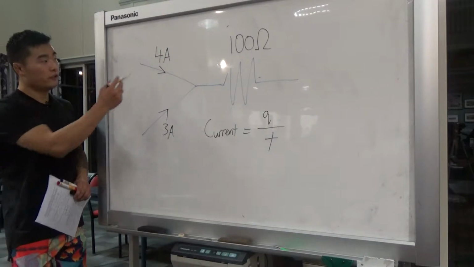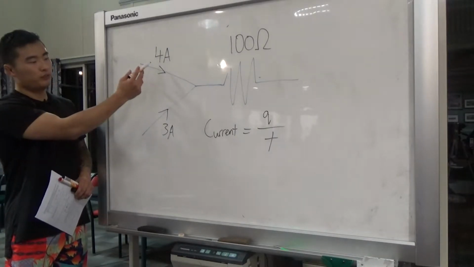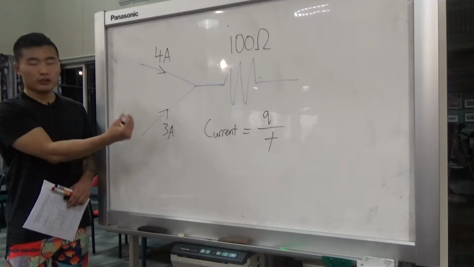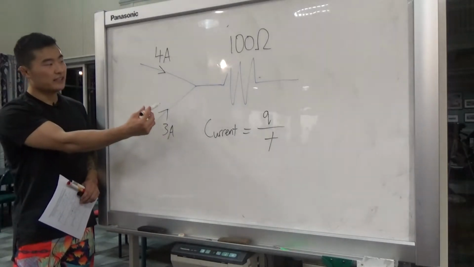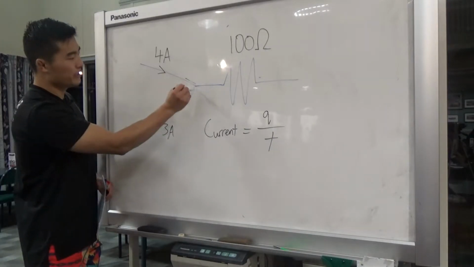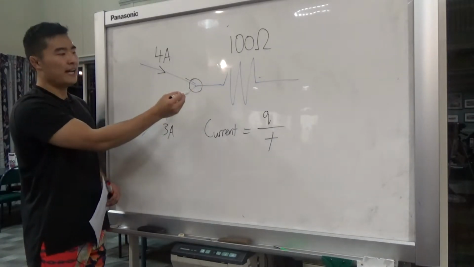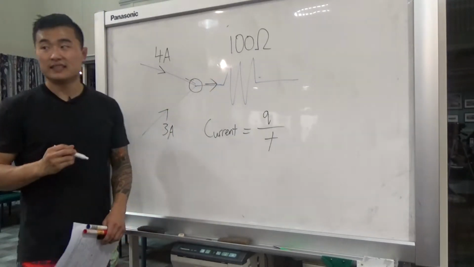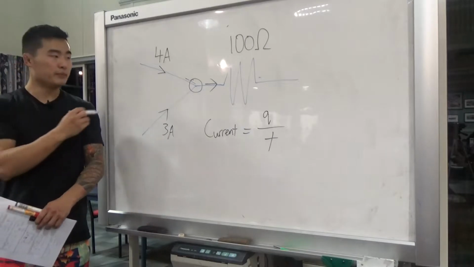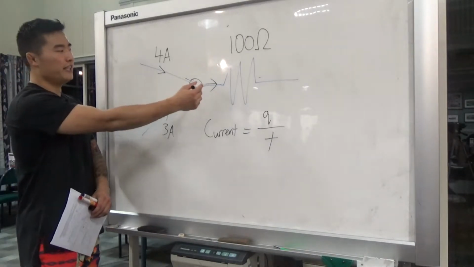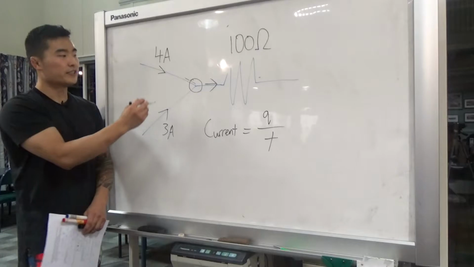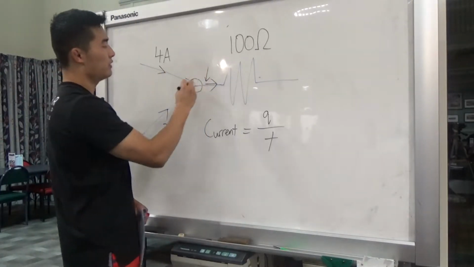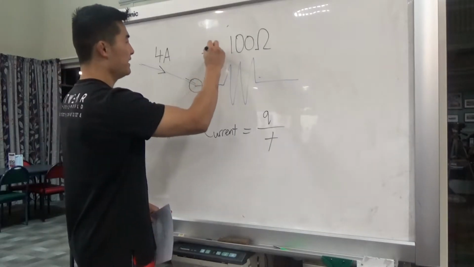So here you've got 4 coulombs per second going through this wire, and on the bottom you have 3 coulombs per second going through this wire, and when both of them get to this point here, they're going to add up. So then how much is going to be going through at this point here? The total current going through here will be 4 plus 3. So the total current going through the resistor is going to be 7 amps.